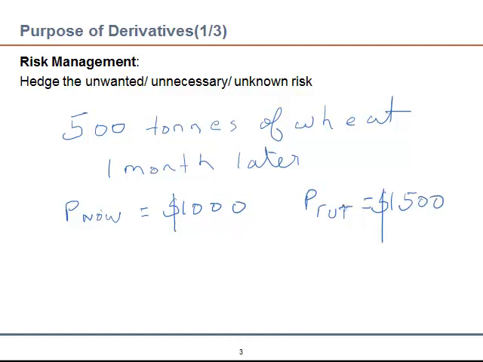You're not very sure whether the price would stay at $1,000. There is a very good chance it might go to $1,500 or maybe even higher.